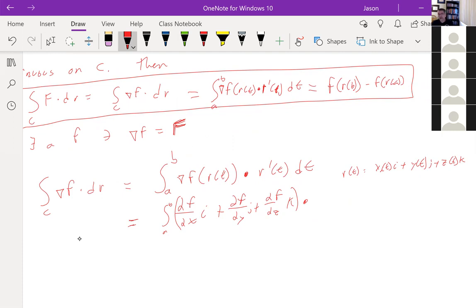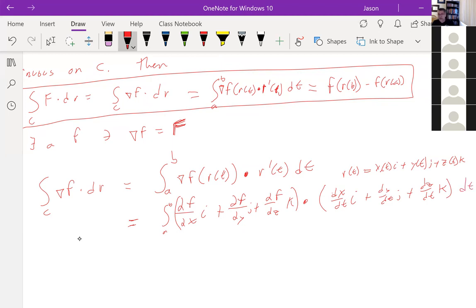Whatever x of t, y of t, and z of t are, this is r of t. If we want to take the derivative of that, it's just the derivatives of each, so x prime of t, or dx dt i, plus dy dt j plus dz dt k. And then the dt is on the end here.